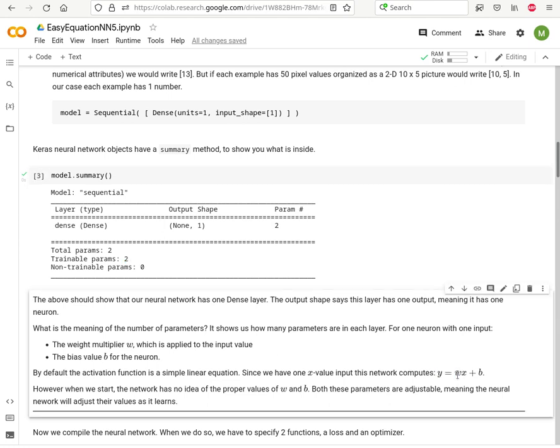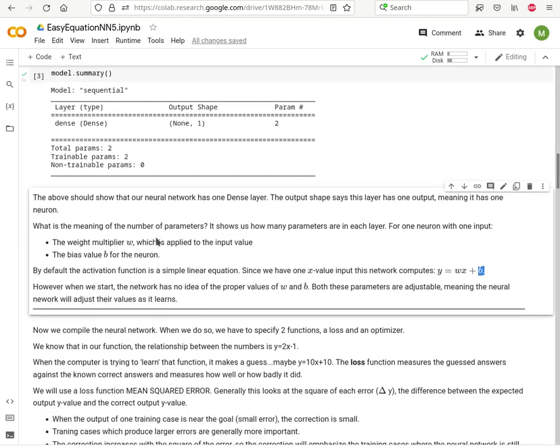That's actually the slope of the line, the first weight, and the constant part of the equation. As I mentioned when we were seeing a single neuron, there's usually a constant term. So both of these are trainable: the slope and the intercept. And so it's telling you that there are 2 layers there.